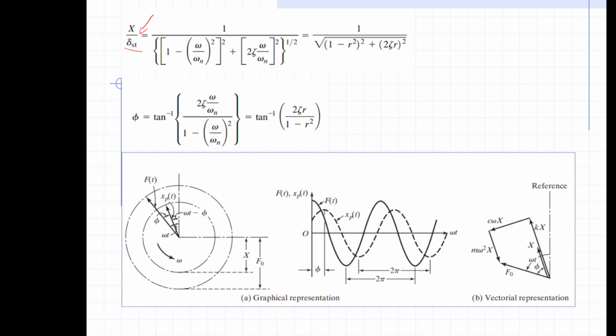On the right hand side here, you see zeta, which is the damping ratio, and r is the ratio between the frequency of the external force and the natural frequency of the system. Also the phase lag between the particular solution and the external force. Okay. So this phi is also a function of damping ratio and frequency ratio.